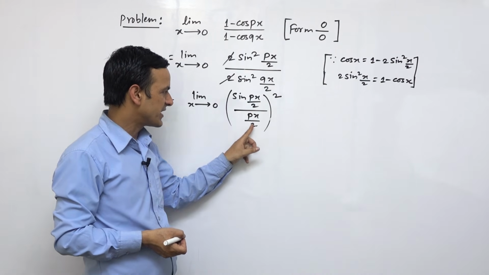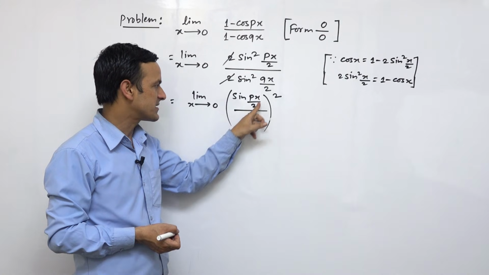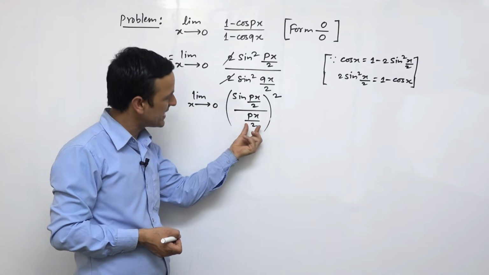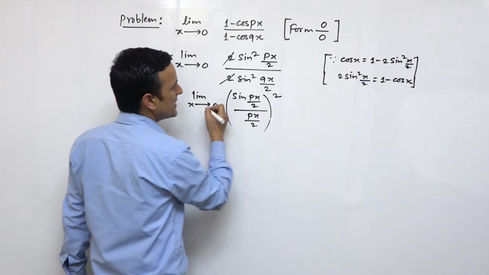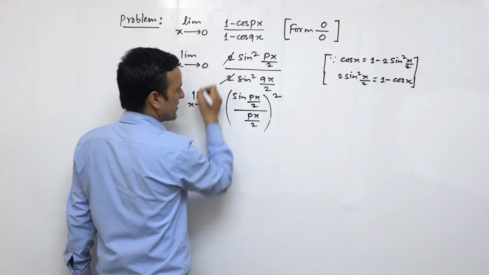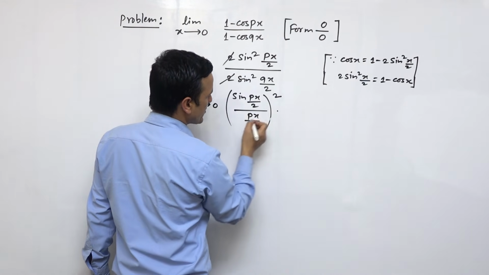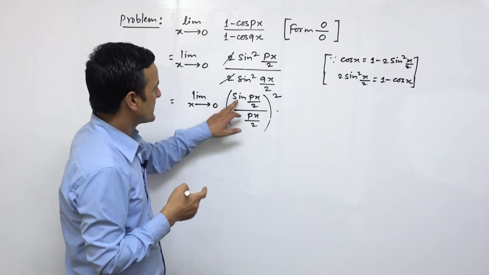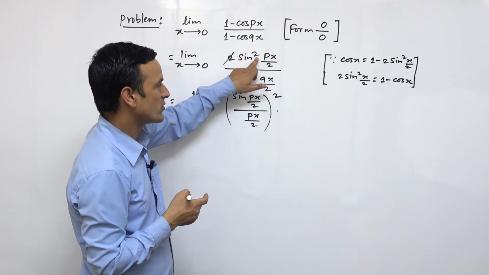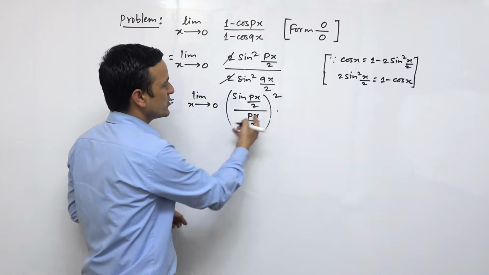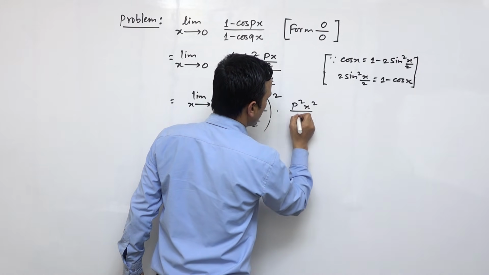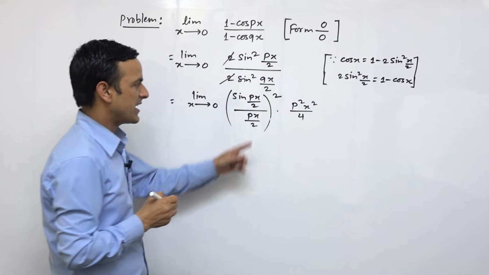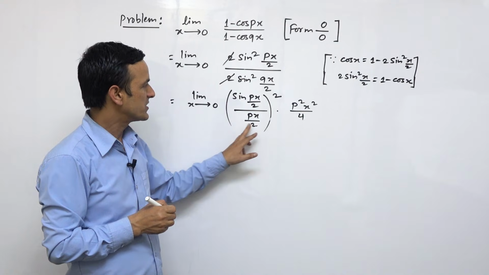Sin theta means here is theta, make it theta, same angle. px by 2 छ भने यहाँ पनि px by 2 नै लेख्ने. त्यसपछि हाम्रो यो लिमिटमा जान्छ. लिमिट त एज युजुअल छँदै छ. हाम्रो एक्स्ट्रा टर्म भनेको यहाँ के हुन्छ? px by sin px by 2 को स्क्वायर त माथिको न्युमरेटर सेम छ. तलको डिनोमिनेटर इज एक्स्ट्रा. So to cut down, then we have to write down like this: p square x square by 4. So this is the form.